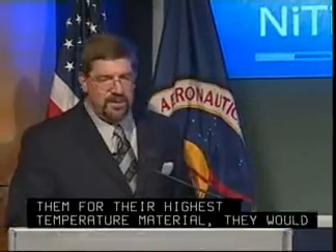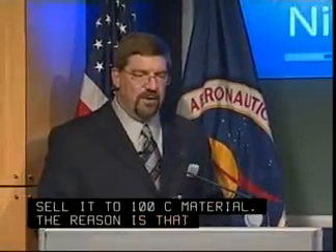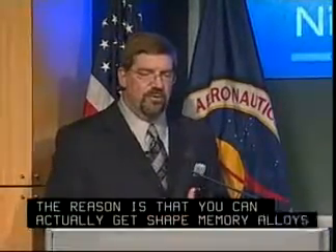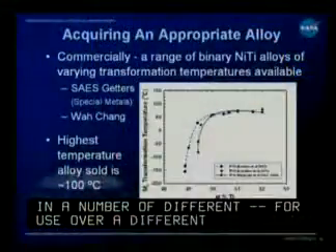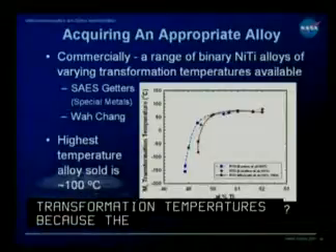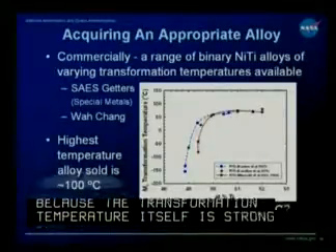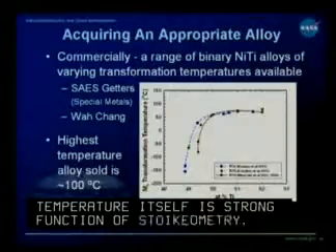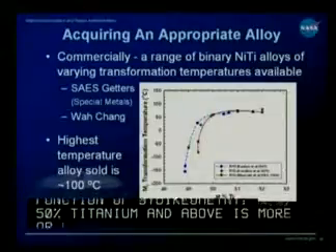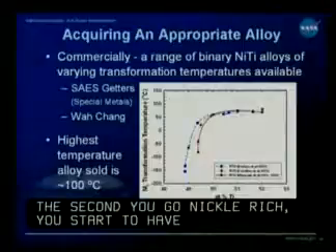Now, the reason is that you can actually get shape memory alloys in a number of different compositions for use over different transformation temperatures, because the transformation temperature itself is a strong function of stoichiometry. So if you look at the inset, the transformation temperatures at 50% titanium and above are more or less constant, but the second you go nickel rich in these alloys, you start to have a very significant decrease in transformation temperature with increasing nickel content.